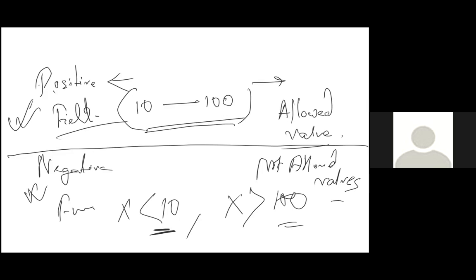Any questions so far? So how to create a validation rule immediately when you get an allowed value condition or a not allowed value condition?